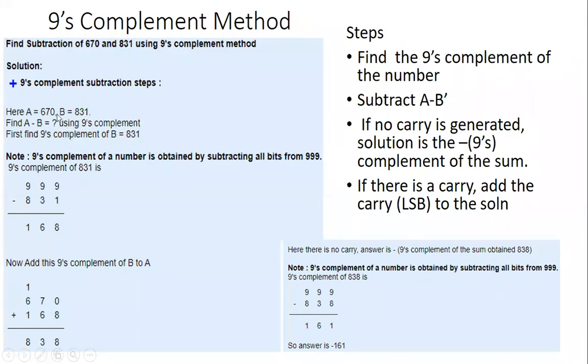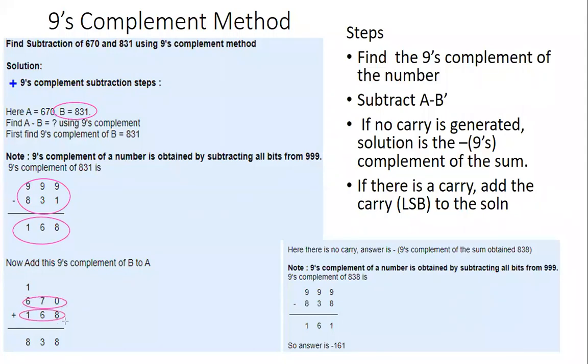First take the 9's complement of the second number. If you are taking the 9's complement of the second number, B is 831. How will you take the complement? 999 minus 831 will be 168, which is the 9's complement. The next step is you have to add 168 with 670.